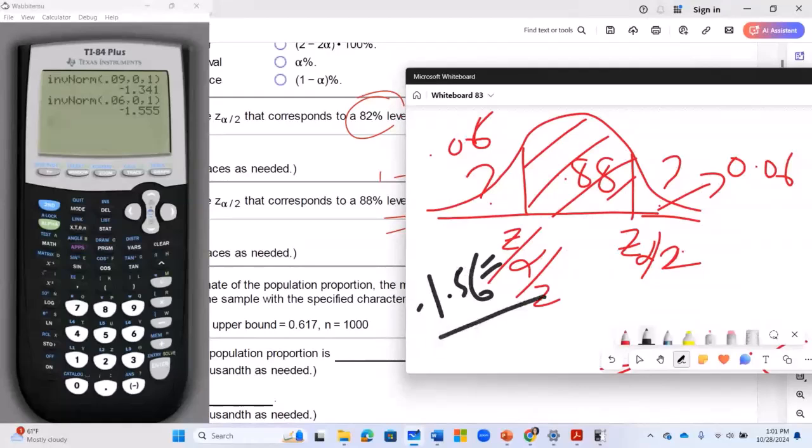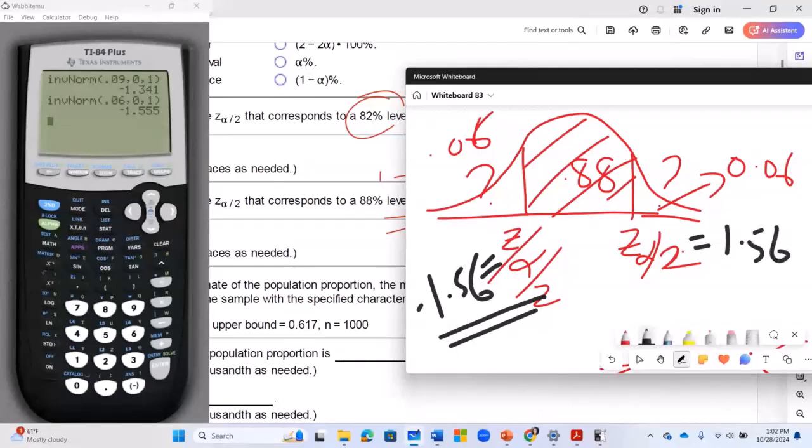So I found the Z value to the left. Because the normal curve is symmetrical, I can switch the sign, and the Z value to the right is 1.56.